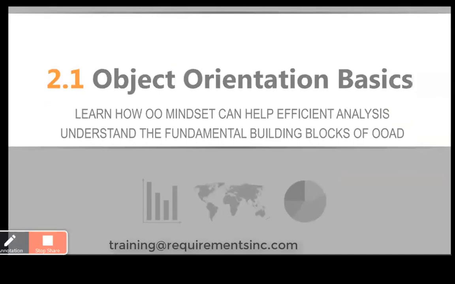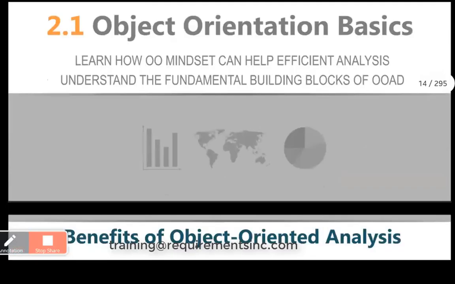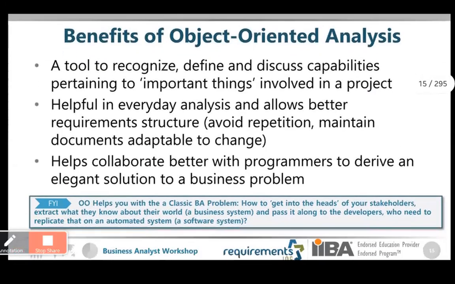So we'll start with the basics and then how we can have that object-oriented mindset. First thing, what are the benefits of object orientation? One thing is you can understand what is important, what is critical in all the information that is thrown at you. Think about keywords. So in a project, let's say you're working on an insurance project. There are certain keywords that they will be using left and right. It might sound like a normal English word, but that connotation has a very specific and distinctive reference within their organization.